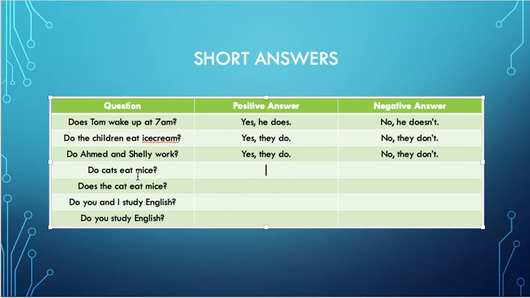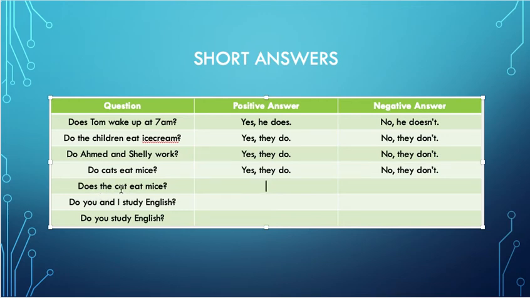Do cats eat mice? A cat is an animal. Now, for one animal, we say it, but for many, it's cats, so many cats, we say they. So yes, they do, or no, they don't.